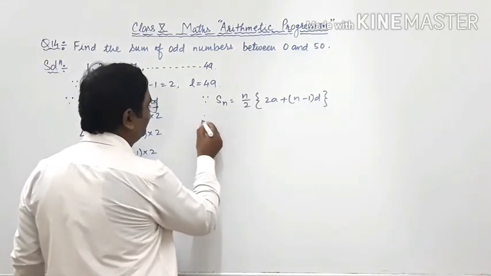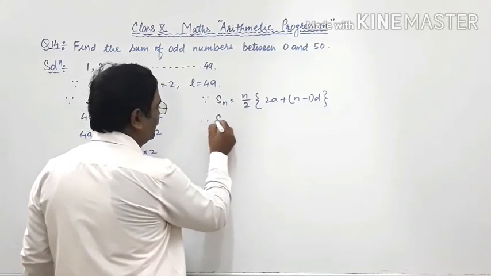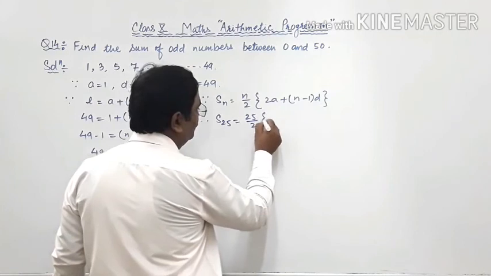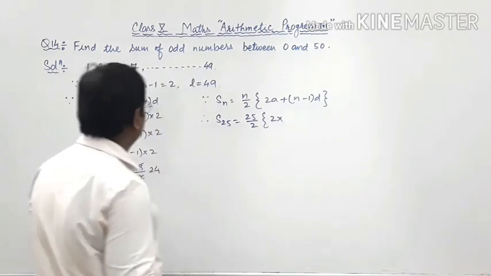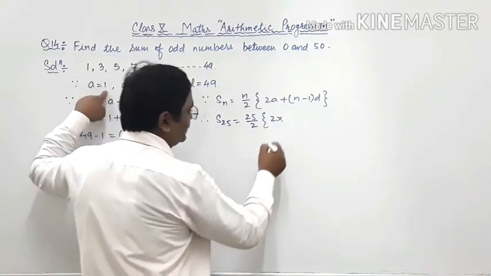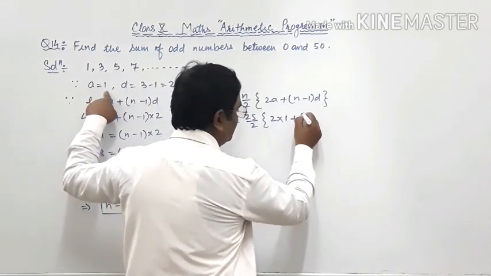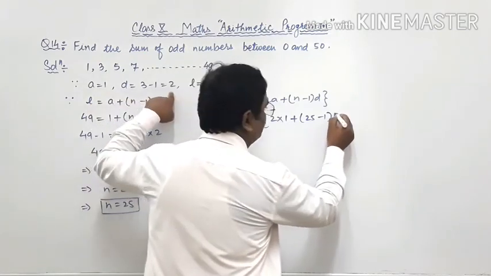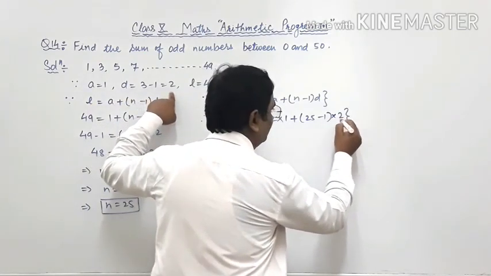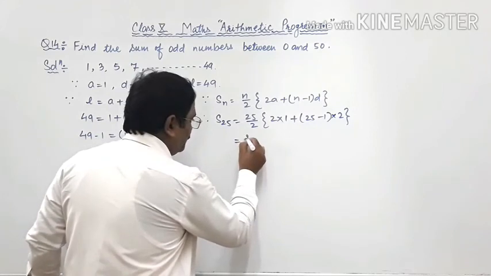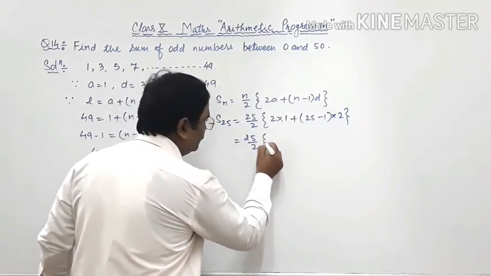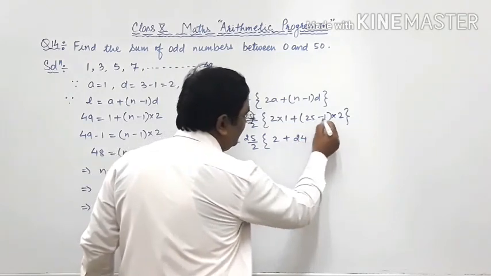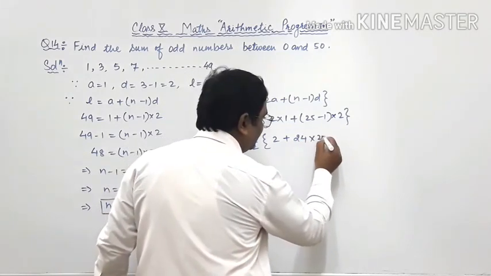Therefore S25 is equal to 25 by 2, 2 multiplied by first term A, that is 1, plus 25 minus 1 into D, D is 2. So 25 by 2, 2 ones are 2, plus 24 into 2.